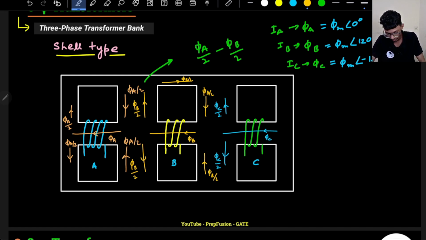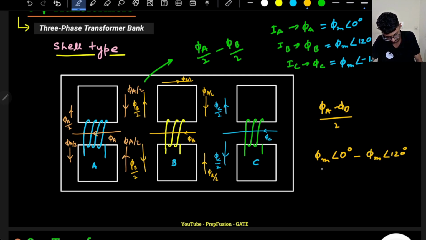So what is this value? It is phi a minus phi b by 2. So basically in phasor, it is phi m angle 0 minus phi m angle 120 degrees, divided by 2.